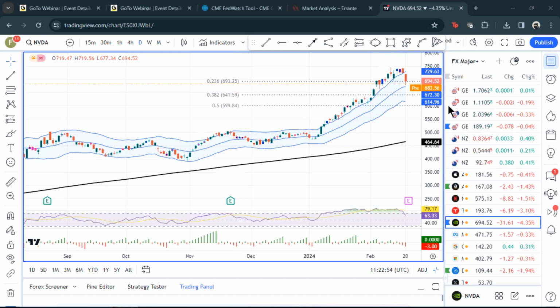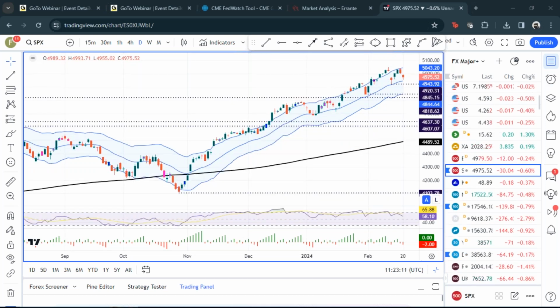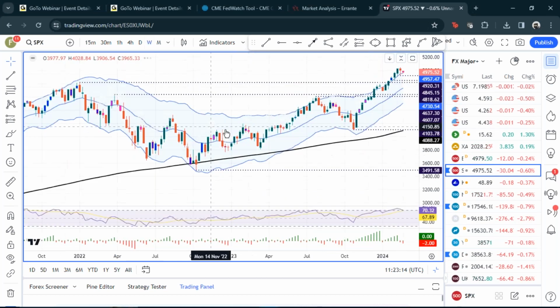Otherwise, it's worth looking at the major stock indices. Sorry, I was just checking what you can see, guys. Hopefully you can see what I'm pulling up. We've got the S&P 500 here, just come off its highs, sort of overbought on the RSI, with the momentum indicator, as well as trading through the upper band in these Keltner channels.